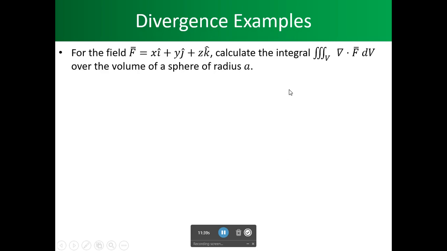Okay, so we have here another example for the field F at x, y, z. Very simple. It's x i, y j, z k. Okay, calculate the integral of the divergence over the volume of the sphere of radius a.